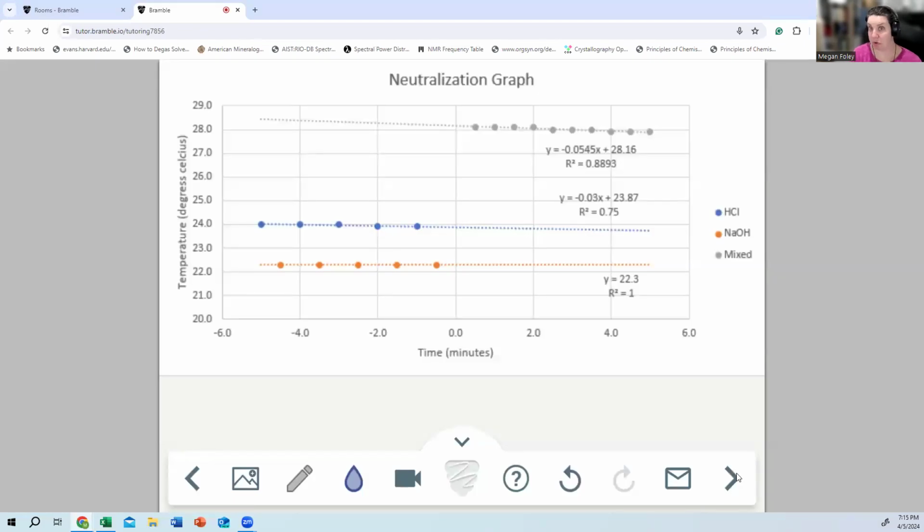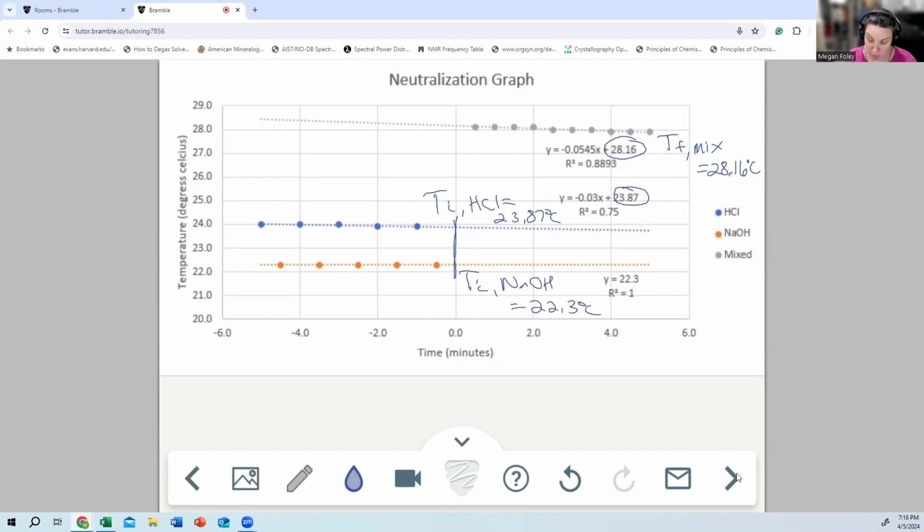Again, we're going to use our y-intercept. We're going to put 0 in, and that tells us that our T final for our mix in this case is 28.16 degrees Celsius. The T initial for our HCl is 23.87 degrees Celsius. And our T initial for our NaOH is just 22.3.